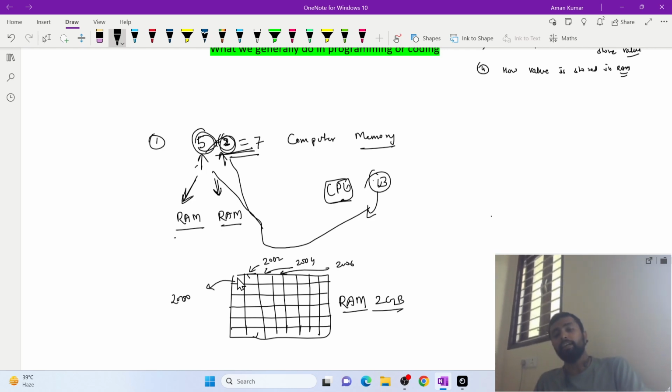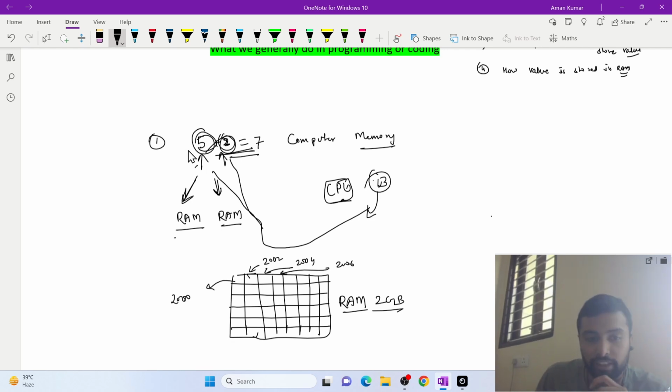And why the memory location? Because whenever you perform any operation, let's say you want to store 5 here, or maybe you want to store 2 here. Whenever you want to extract it, if you don't know the location where you stored it, you can't fetch that data.